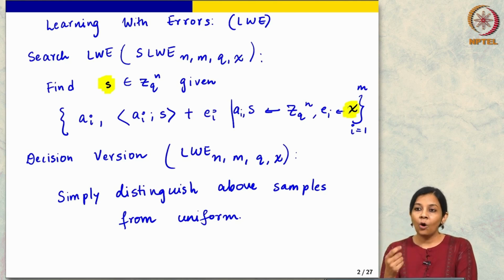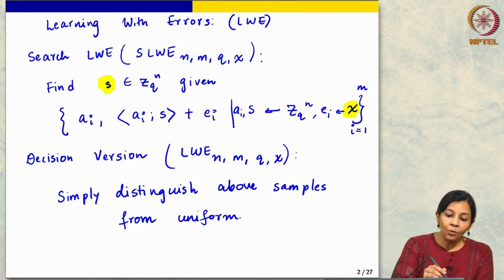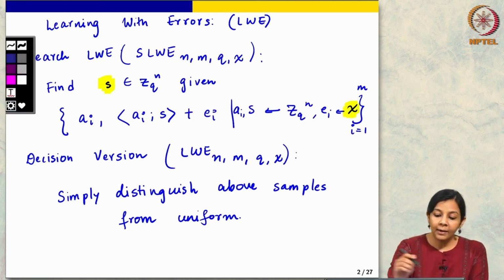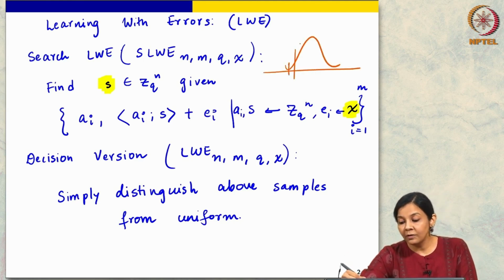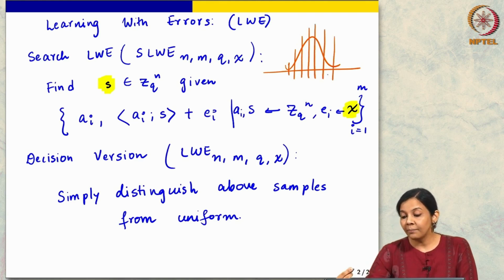We expect the norm to be small. So, everybody knows what a Gaussian looks like, right. So, it's something like this, and now I am sort of discretizing it. So, basically it will be something like this.